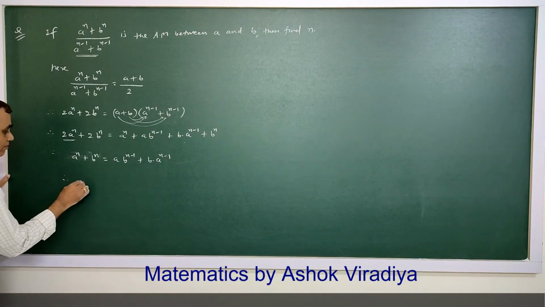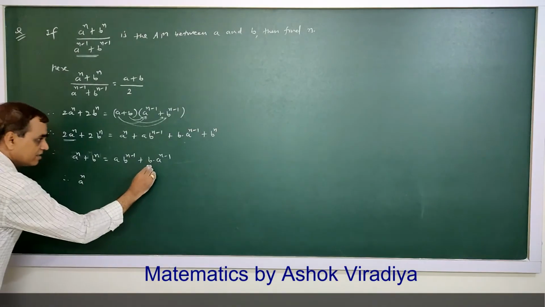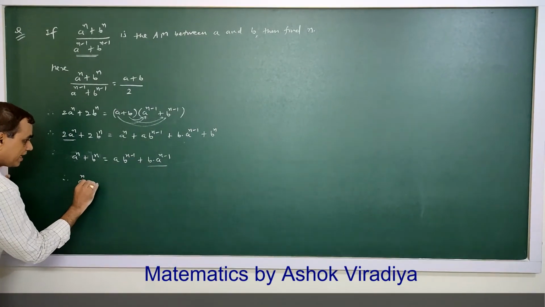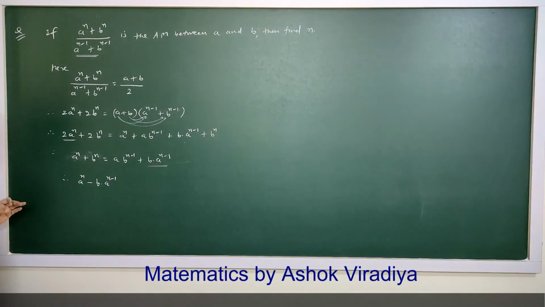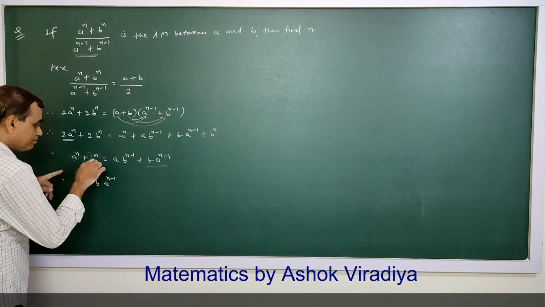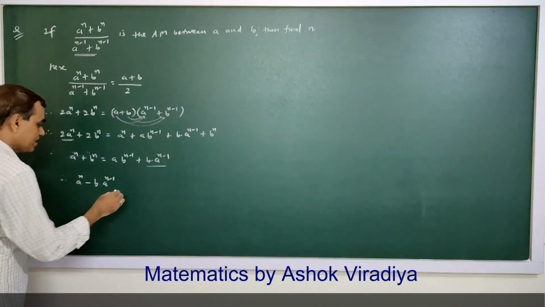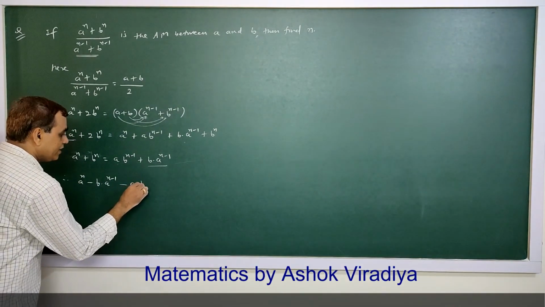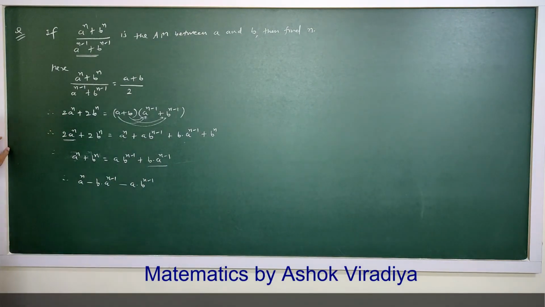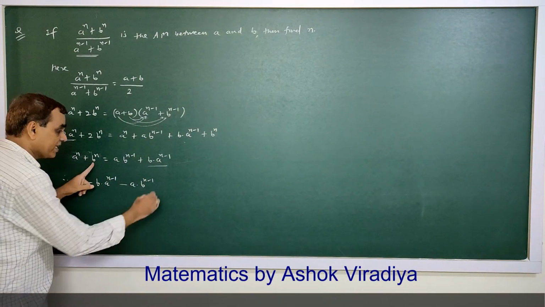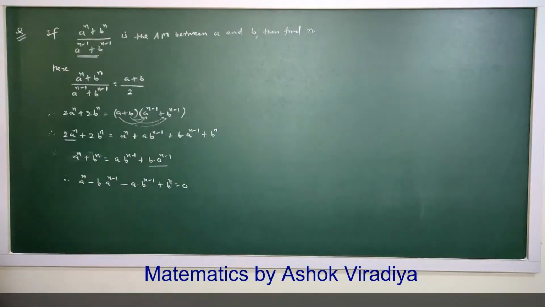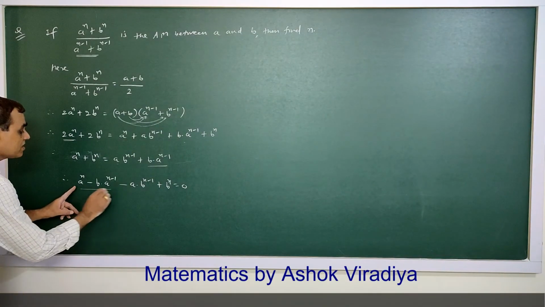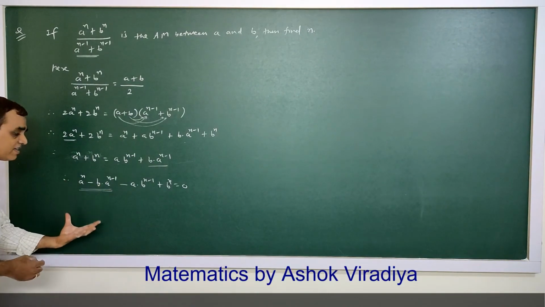Now rearranging, a raised to n, this number I am taking on this side, so minus b into a raised to n minus 1. Then this number I am taking on this side, minus a into b raised to n minus 1. We are arranging in such a way that in the next step we can get a common factor. Here we can see that a minus b is coming to be a factor.